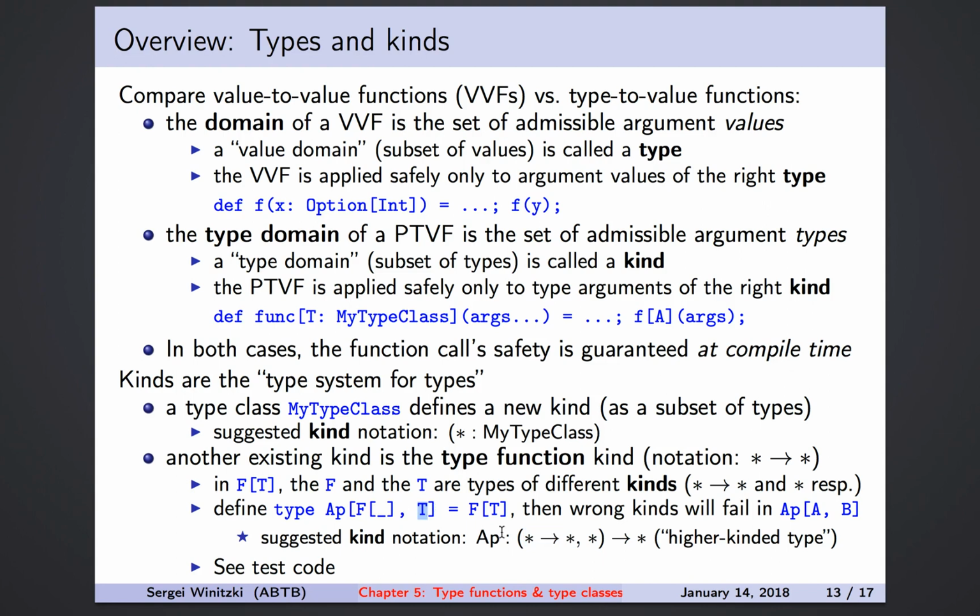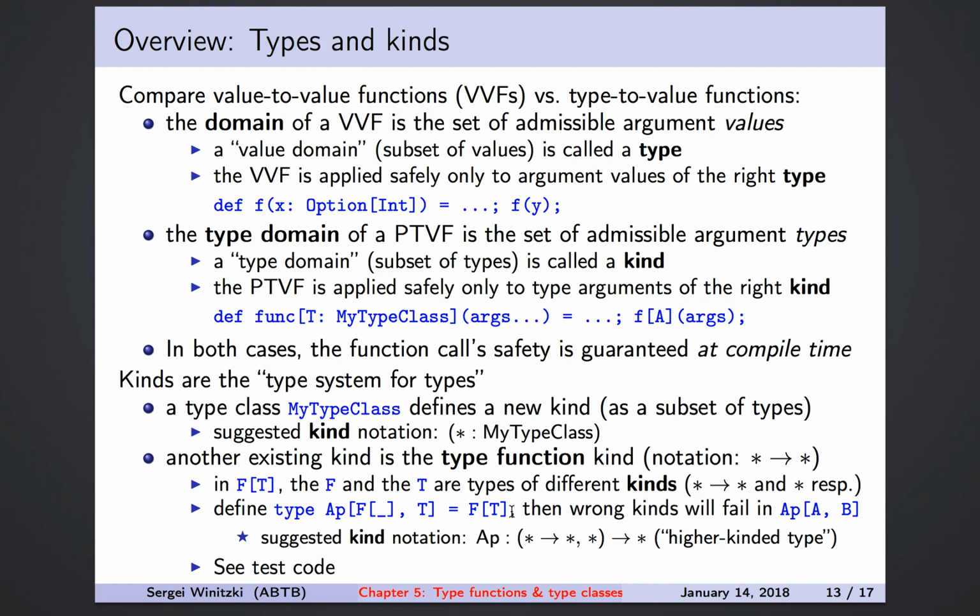The second argument is a basic type, which is a star kind. And the return of this type function is a basic type, which is a star kind. The return is a basic type, pretty much always. And so that would be the kind notation for app, if I define app like this.